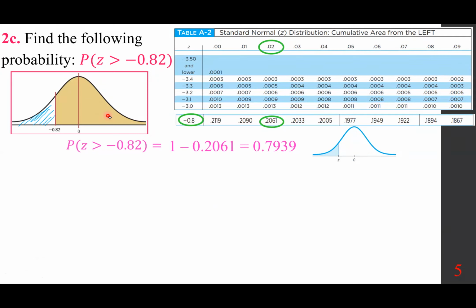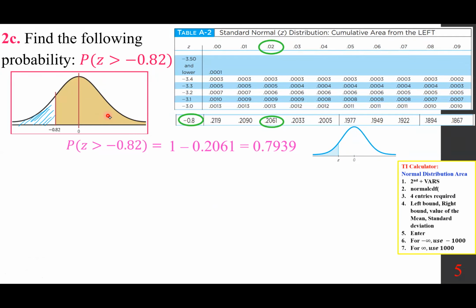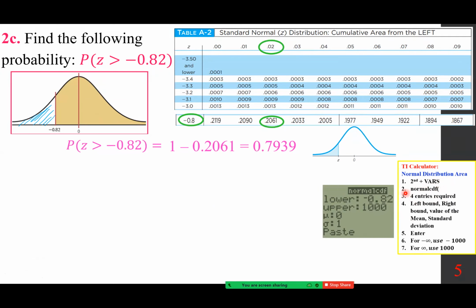We can use the technology, second variables, normal CDF, and we put some entries as follows. So the lower is negative 0.82. What about the upper? I want to make a point here if you're using a TI.